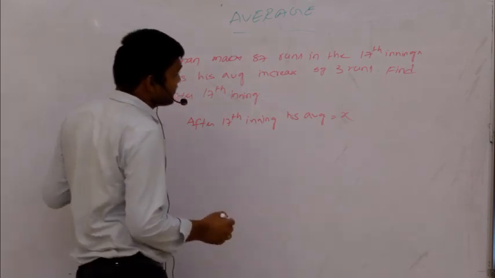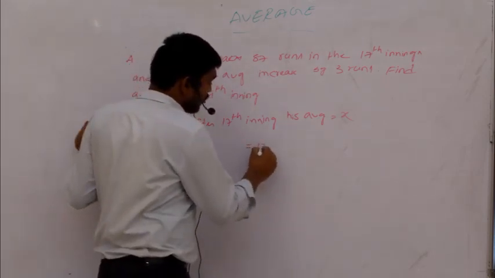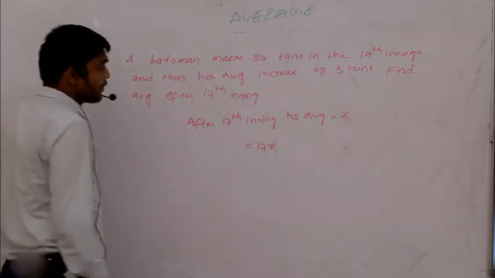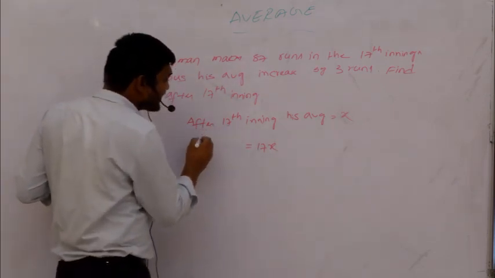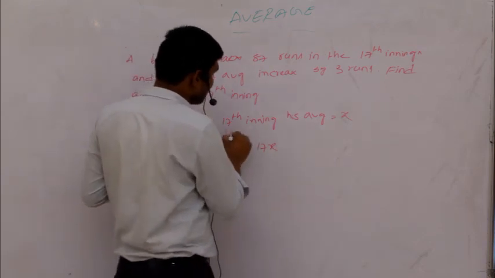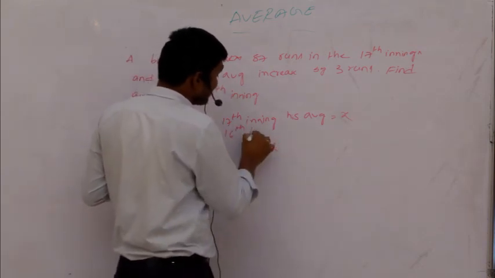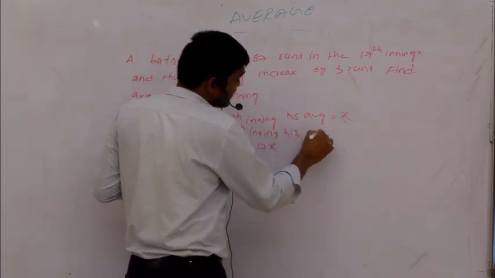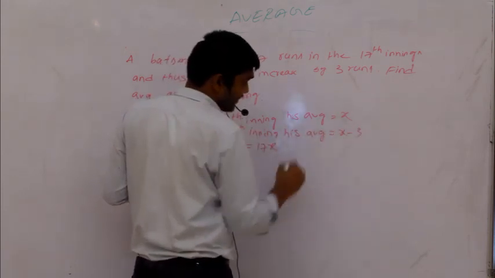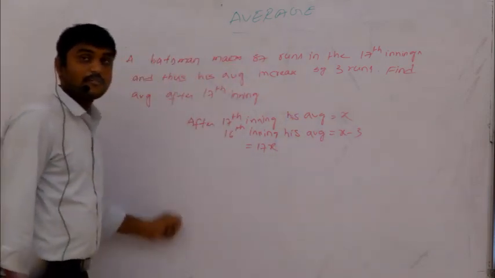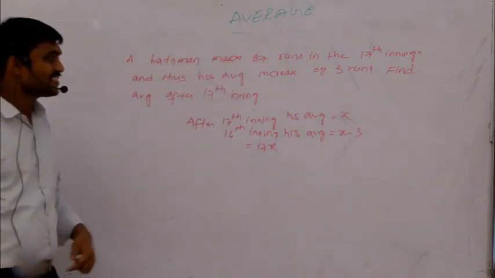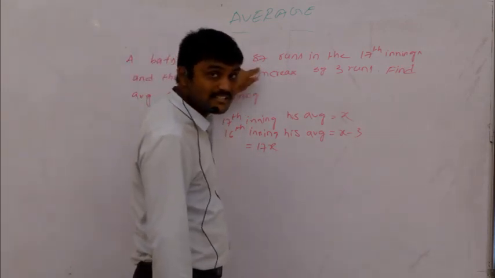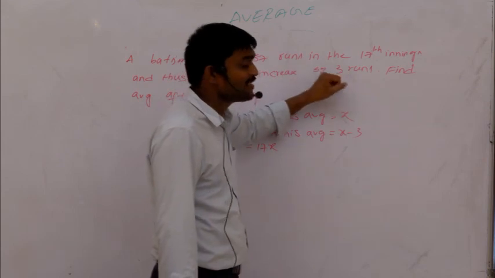So the total runs after 17 innings is 17x. The average before the 17th inning is x minus 3, because the 17th inning he scored 87 runs, that's why his average increased by 3 runs.